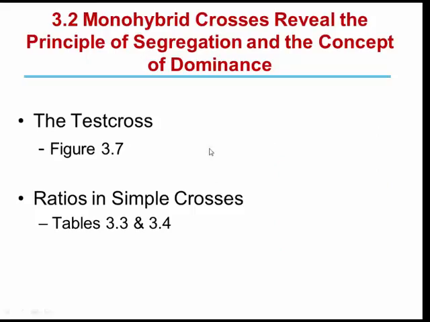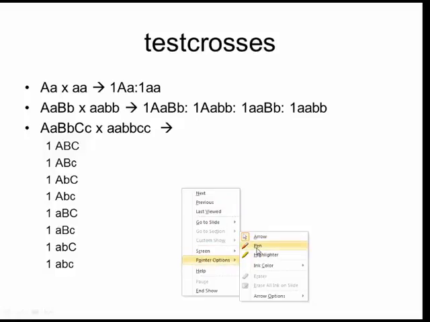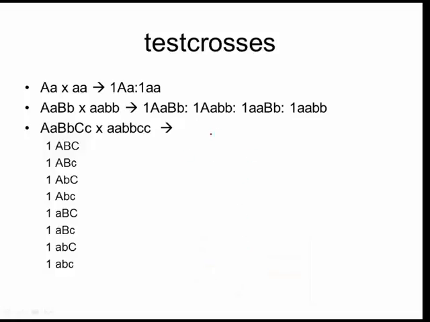All right, and we talked about the test cross a little bit, and ratios and simple crosses. So let's just take a quick look at these. A test cross is always something crossed to something else that is homozygous recessive. So it does not always have to be a heterozygote being crossed to something else, but that's usually what it is. A typical test cross for one gene always gives you a 1-to-1 ratio.